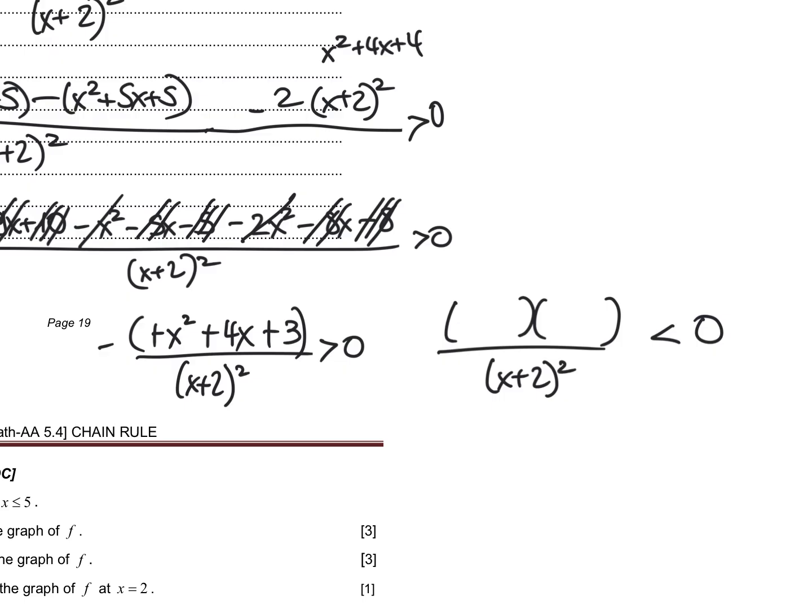Over x plus 2 squared. Okay, so then that thing up top factors to x plus 3 times x plus 1, and now we've got our number line. So we've got negative 3, which it can't be, negative 2 from the denominator, which it also can't be, and negative 1, which it also can't be.